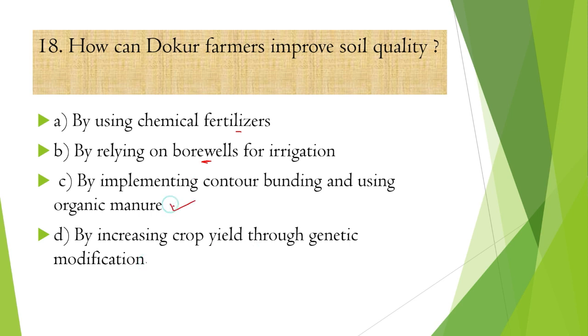By implementing contour bunding. Contour means drawing a line equally at the same height. With that, they control the water. Through watershed development projects, whatever water is there, they can store it through contour bunding, and they can use organic manure also.